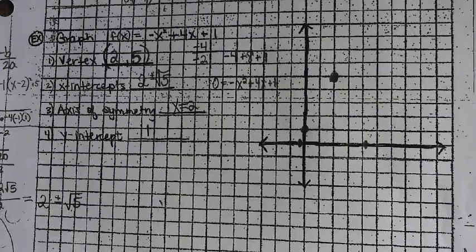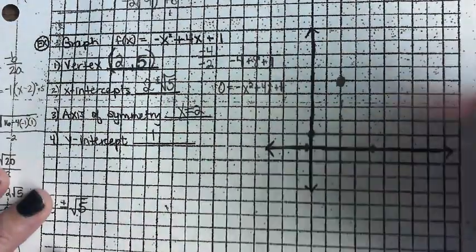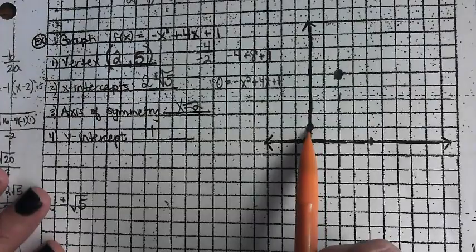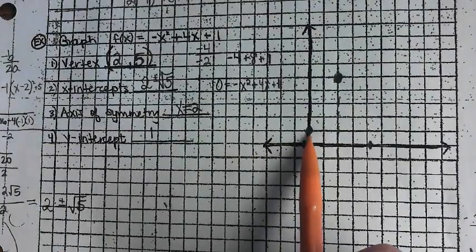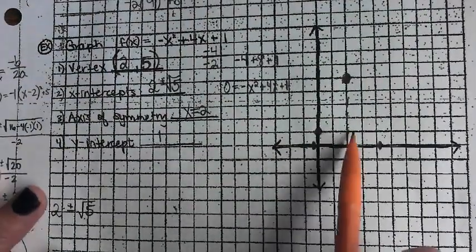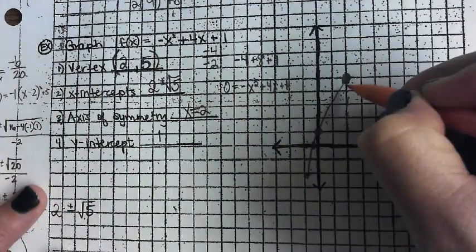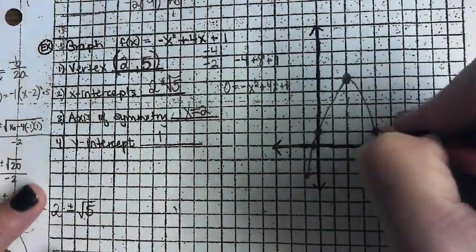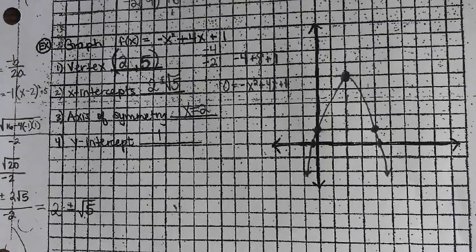And as long as you're doing it and you have your axis of symmetry right down the middle, you might as well find the point that's symmetrical to that on the other side just to make sure your graph stays balanced. So 2 to the left, 2 to the right, and there would be your parabola. I don't know if you've ever had to graph parabolas without a calculator attached to your fingers, but now you do, okay?